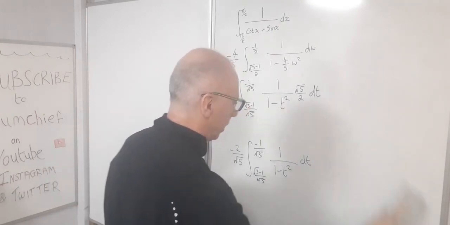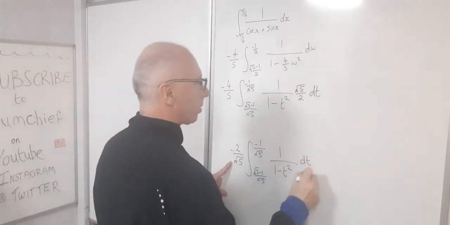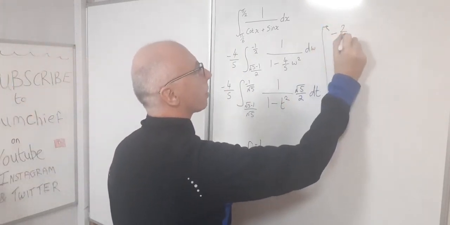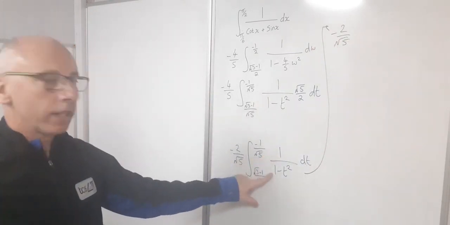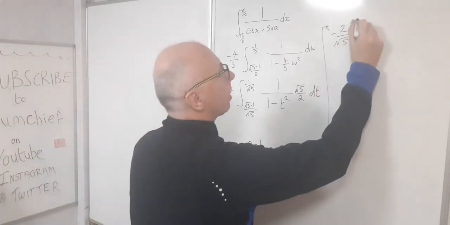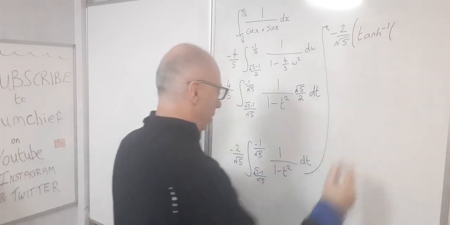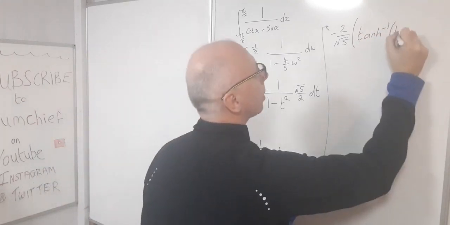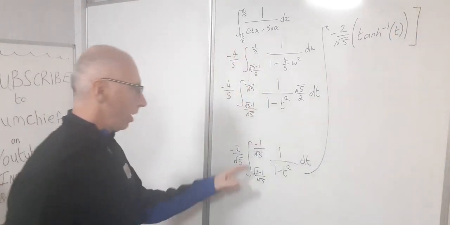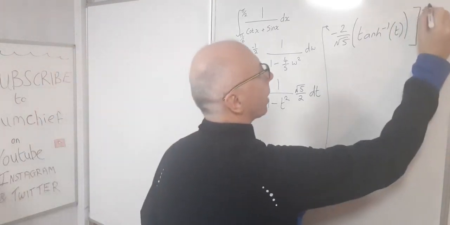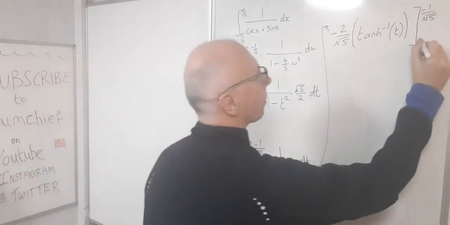So minus 2 over square root of 5, and then straight into integration. Hyperbolic tangent of t. And then we evaluate this over our parameters: minus 1 over square root of 5, and root 3 minus 1 over root 5.